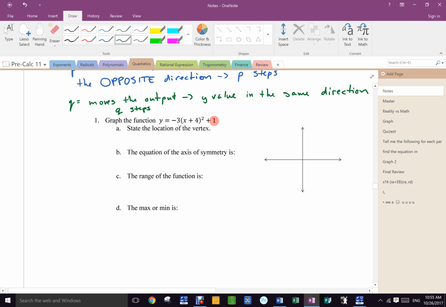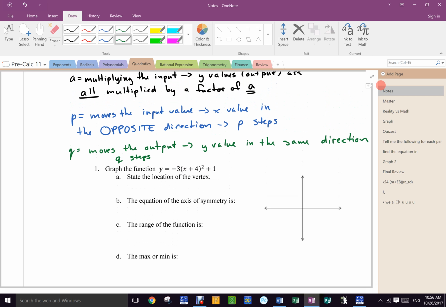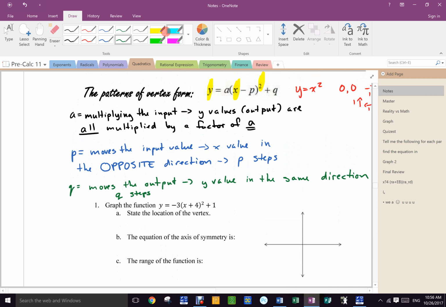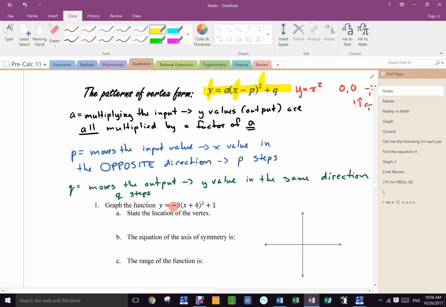Right there, what do I have? Does that look like that? Yes. So, what is this negative 3? Is that A, P, or Q? A. What is that? P. What is that? Q. We know what all those things are. If it was a regular parabola, where is our vertex? 0, 0, yes?